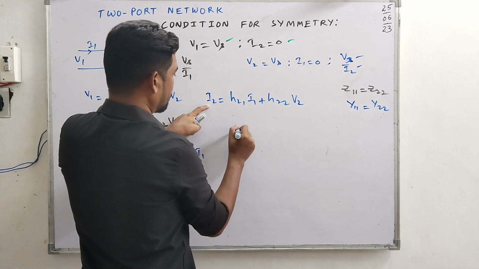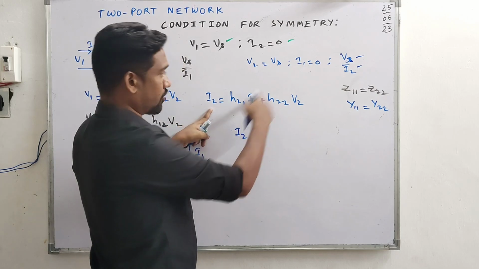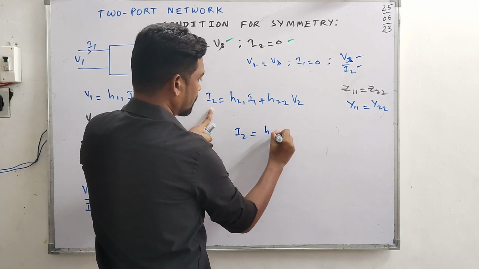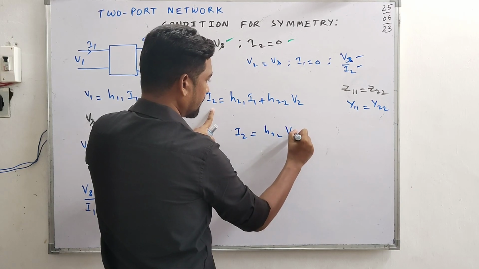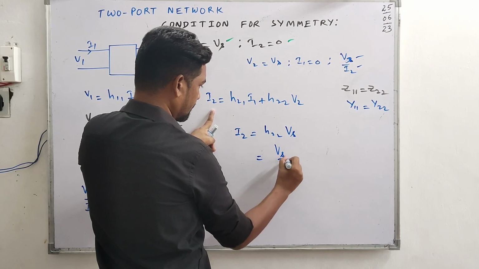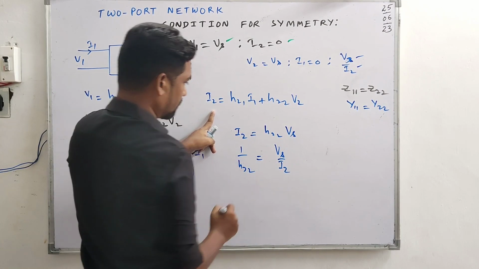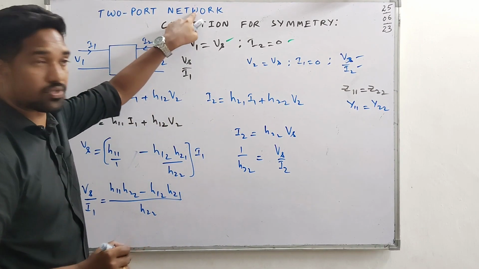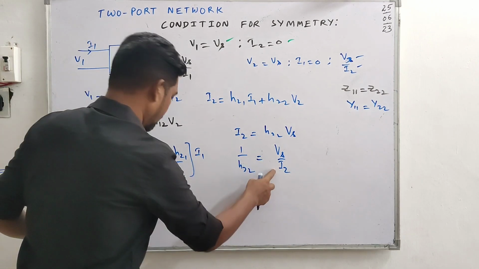All right. So I2 will be as it is. I1 is 0, so this will be 0 according to the condition, and h22 will be as it is, and V2 will be Vs. And what are we in search of? Vs upon I2, which is equal to 1 upon h22. For the two-port network to be symmetric, Vs upon I1 and Vs upon I2 should be equal.